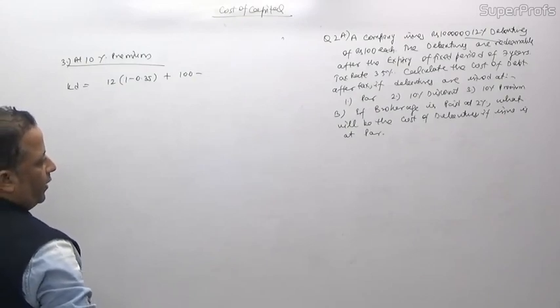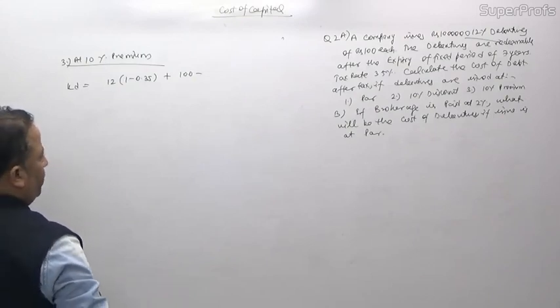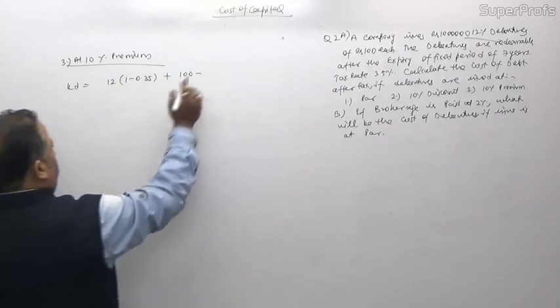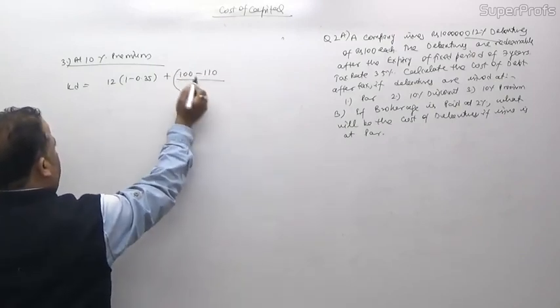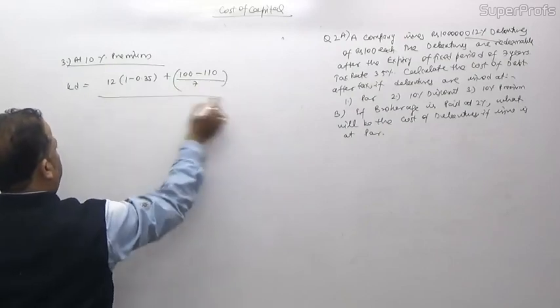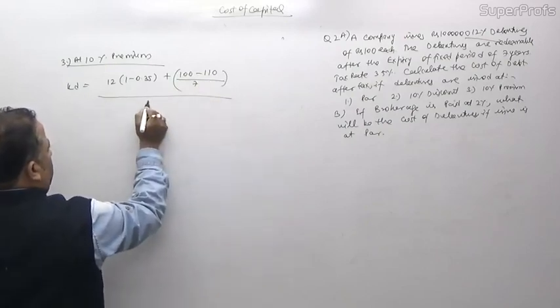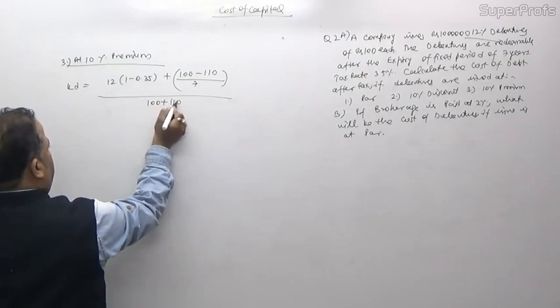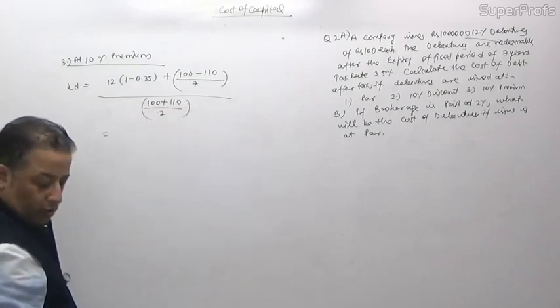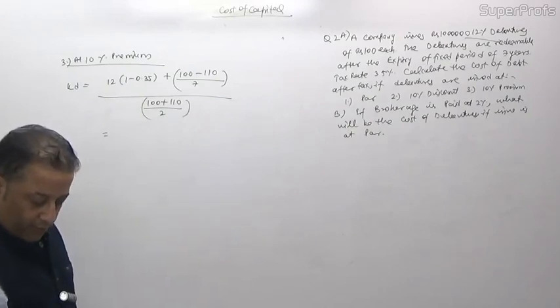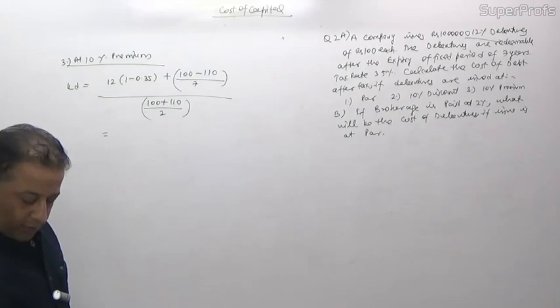If debentures are issued at 10% premium, then the net issue proceeds is equal to 110, divided by life 7 years, then 100 plus 110 divided by 2, 12 multiplied by 0.65, 7.8.